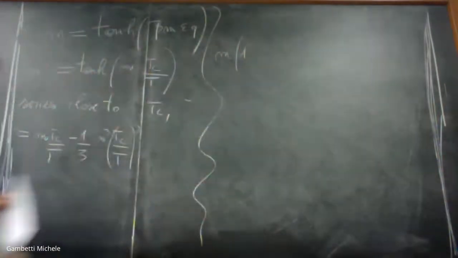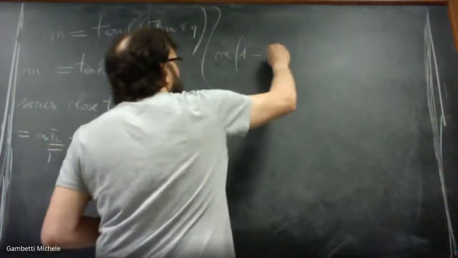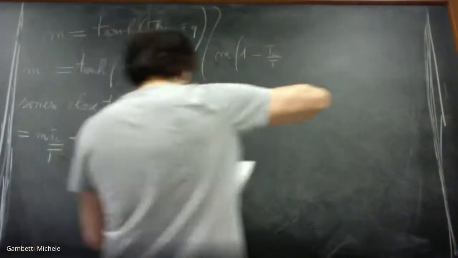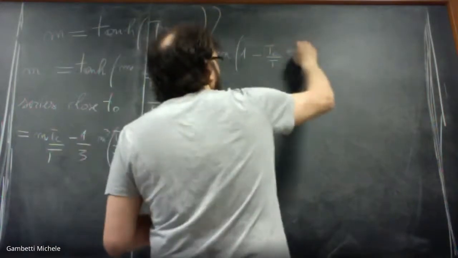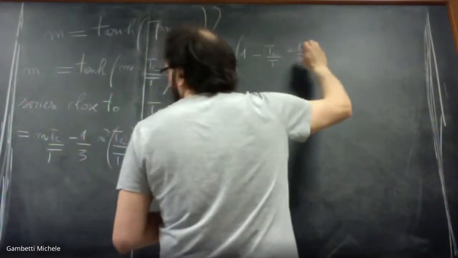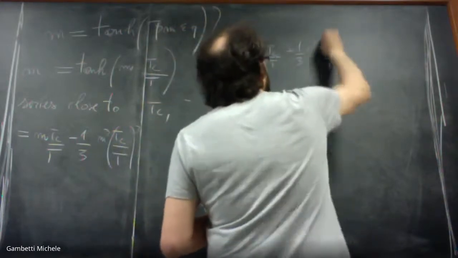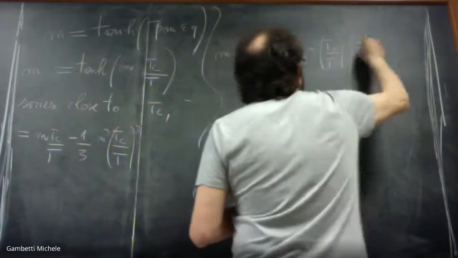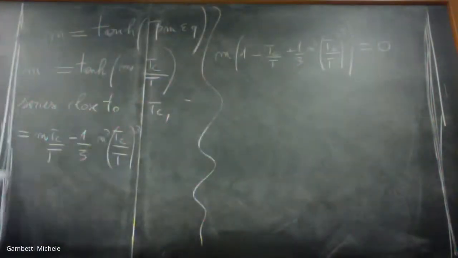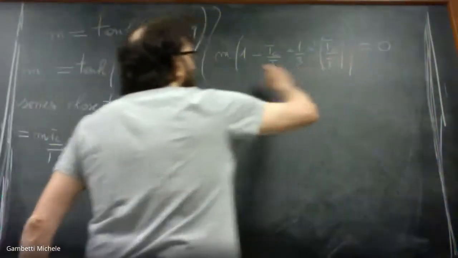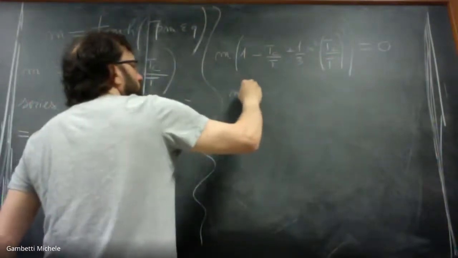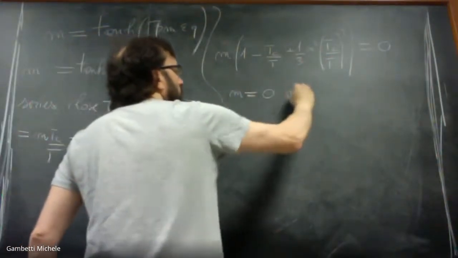So then I have m times 1 minus Tc divided by T, and then I have a plus 1/3 m squared, Tc divided by T to the power of 3, and this is equal to 0. 1 meno Tc diviso T, 1/3 m quadro, ok. Now this is equal to 0, and therefore I get as a possible solution m equal to 0. It's a possible solution.